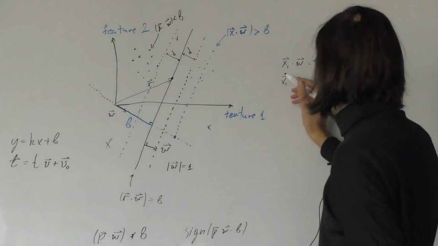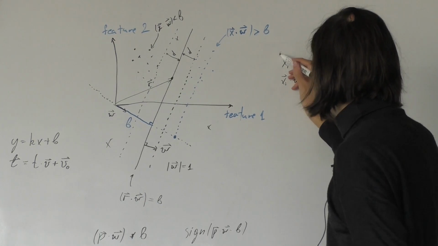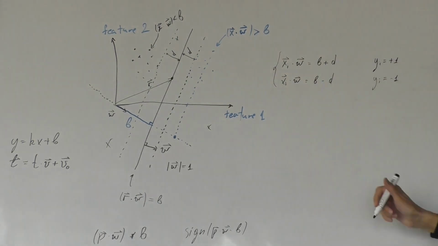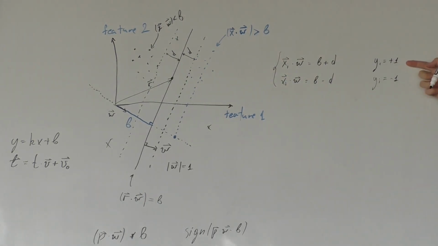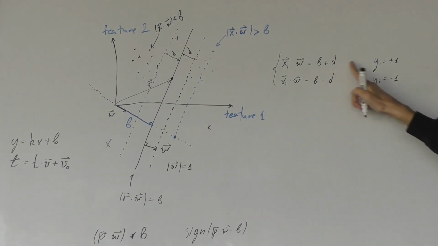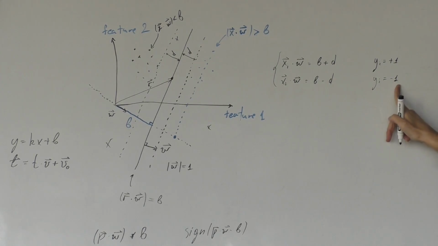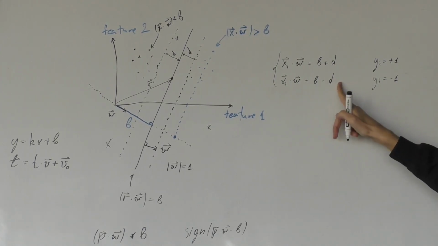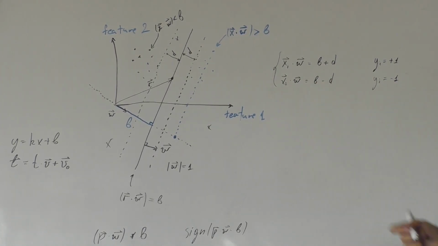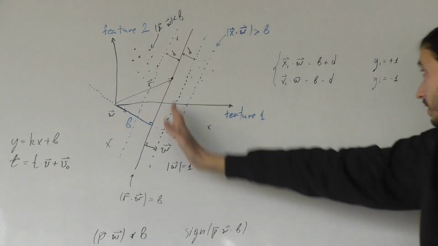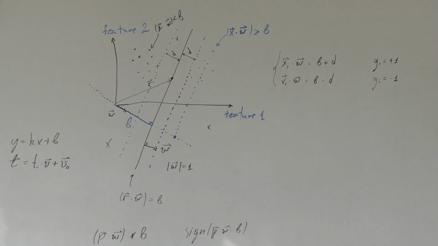So these are the equations I have. If my point belongs to class +1, I have this sort of equation. If my point belongs to class -1, I have this sort of equation. And this is for the points that are closest to this line, so closest possible points.